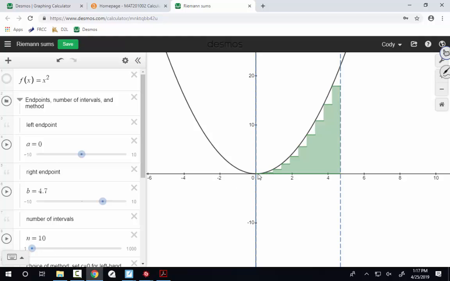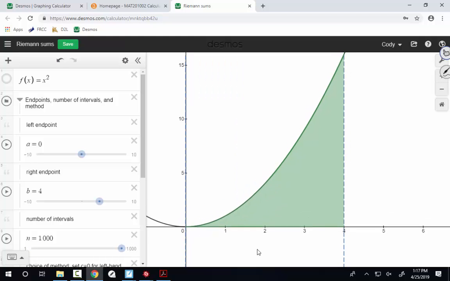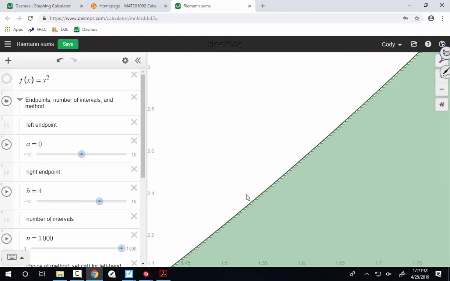Here's, let's say, the area under x squared from 0 to 5, or 4.7. Let's just make it 0 to 4. So there's our Riemann sum with n equal to 10. But as we increase the number of rectangles to just 1,000, it's a pretty good approximation to the actual area. If we zoom in really far, we see that we're still missing little pieces here, but those little pieces eventually get filled in as we put in more and more rectangles.